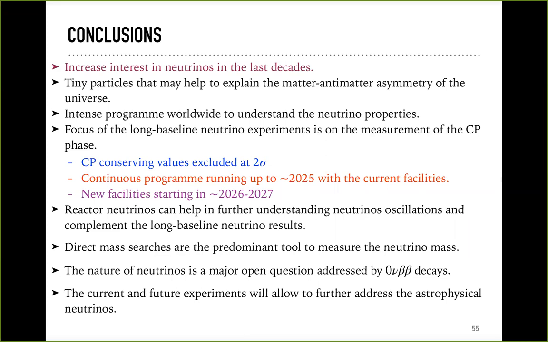There are recent results from KATRIN. Still, we need more data and to address the systematic errors. And then the nature of neutrinos as well is a major open question. So there are also neutrino experiments that will address the Dirac versus Majorana types of neutrinos. And we are looking forward to more results in the next days and next years. That's all.